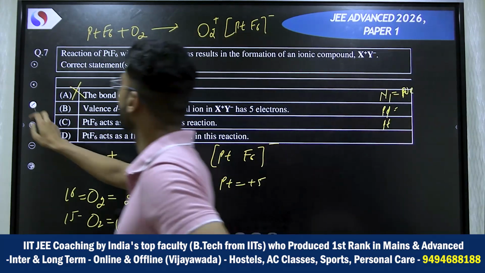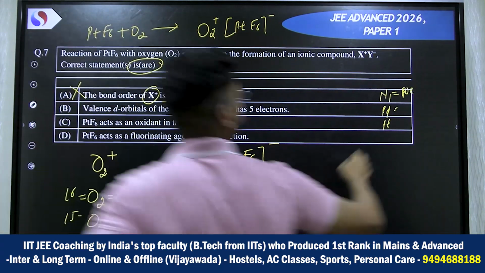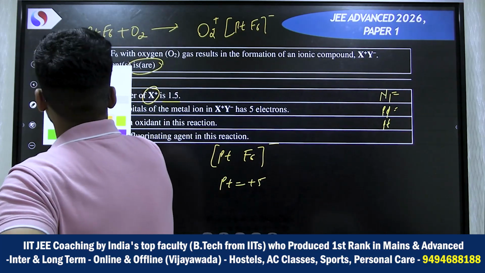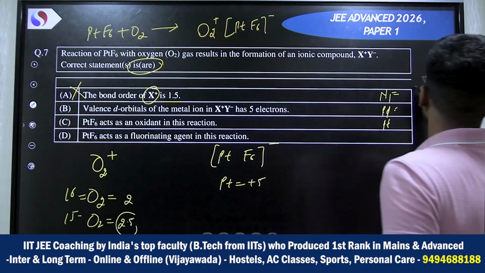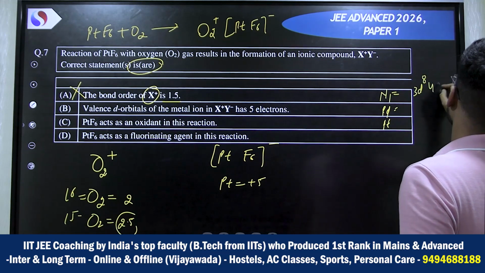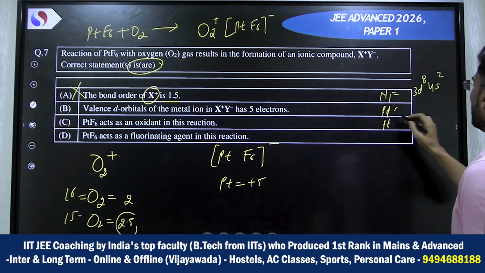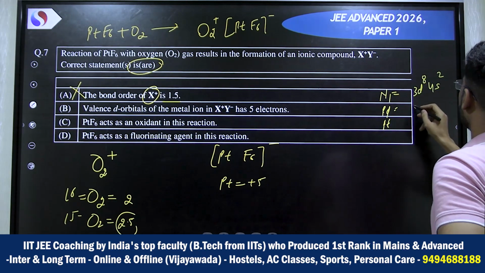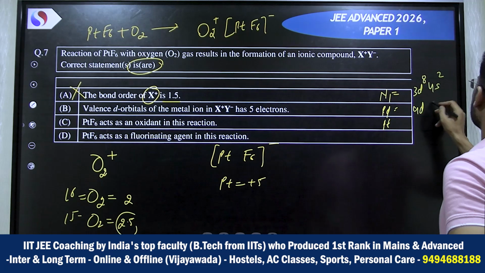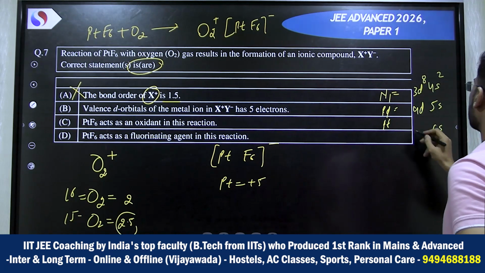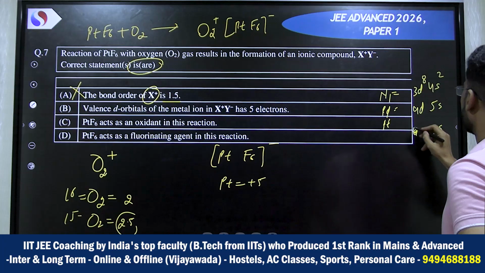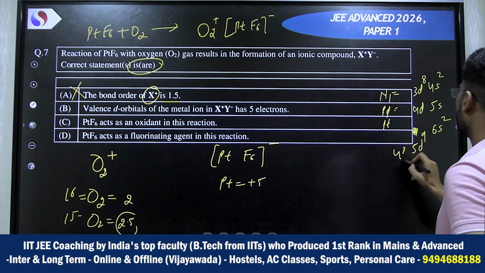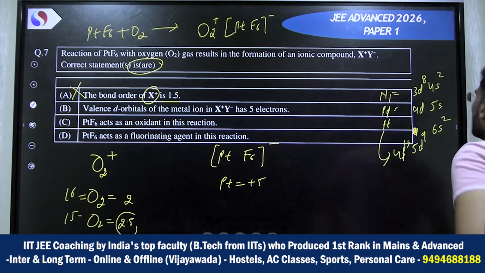One second, let me use the eraser here. So this is 3d8 4s2, so platinum will be 4f14 5d9 6s1.